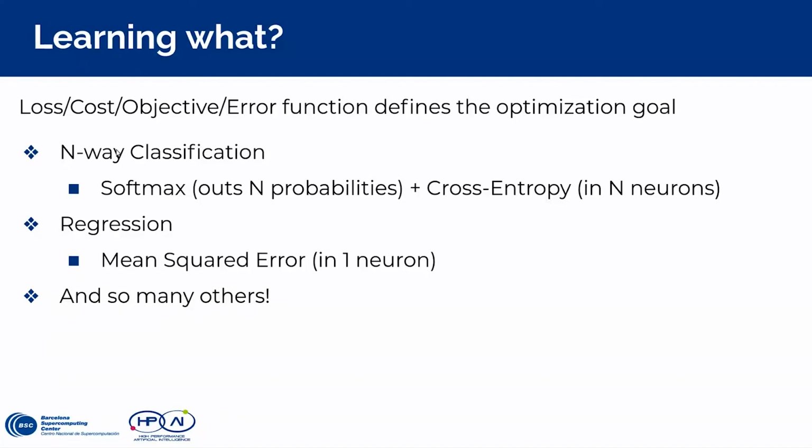So, for example, if we are trying to classify things into n buckets, let's say, we will use a softmax function, which is this one that turns values into probabilities. It's a nice curvy thing, plus a cross entropy with n neurons to compute the error. If we are doing a regression problem, for example, trying to estimate the price of houses in a certain town, so you have numbers.